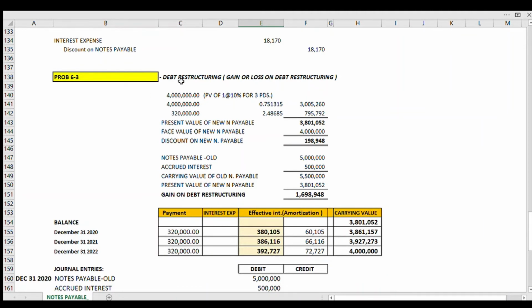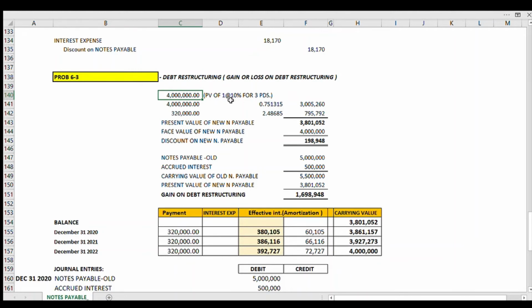Okay. For the debt restructuring, okay, the first step na gagawin mo is you will get the present value of the new notes payable. So, ang ating new notes payable ay present value valued at 10% for 3 periods, 4 million pesos ang face value noon, no?